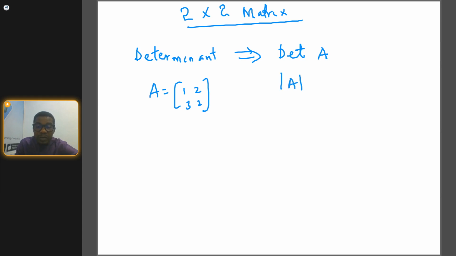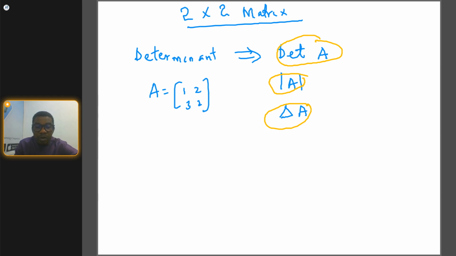This also means determinant of A, or we write it this way, determinant of A. So these are the three ways you can write determinant. All these symbols symbolize determinant of a matrix.